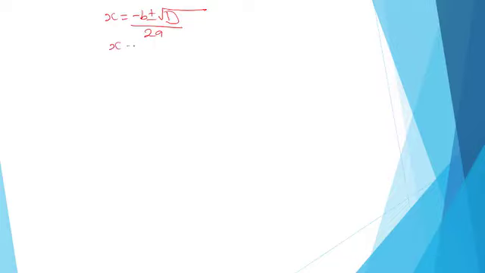So the value of x is equal to minus b plus square root of d over 2a, or minus b minus square root of d all over 2a. And at this point, these are the two values that give us the answer to this quadratic equation.